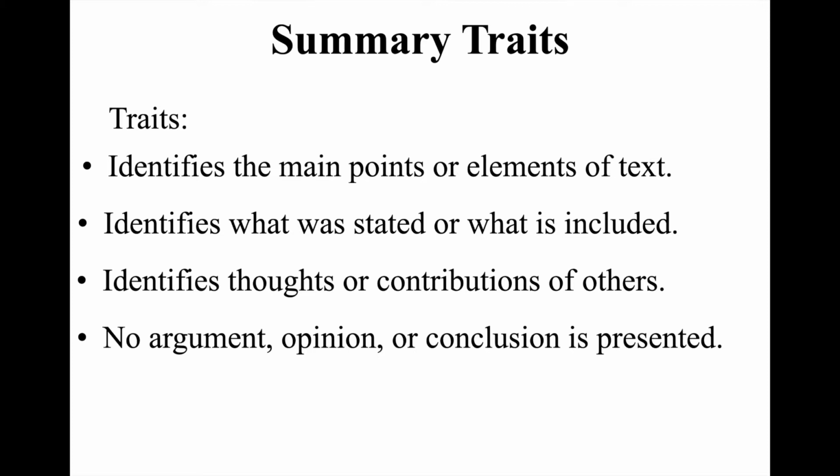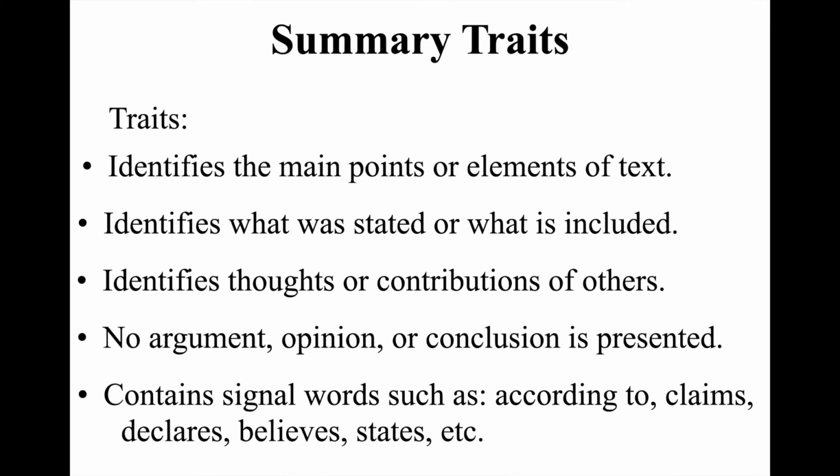It's just taking what you read, or what you watched, or what you heard, and objectively presenting a shorter, comprehensive version to your audience. Without any of your commentary, without you trying to say it's right or wrong, without you deciding it means something. And usually it contains signal words, like according to, or this person claims, or this person declares, or someone believes, or someone states, etc.